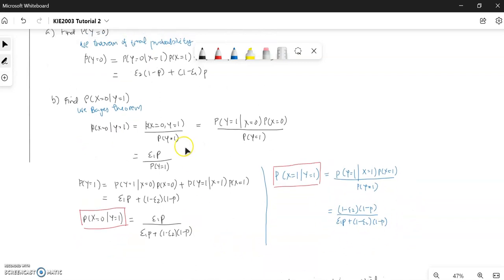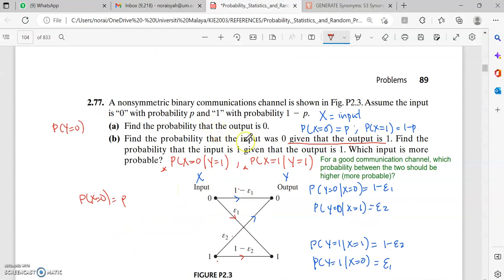The next part of our question is asking which input is more probable. I think it's asking which probability between the two should be more probable: the probability of the input given the output is 1.